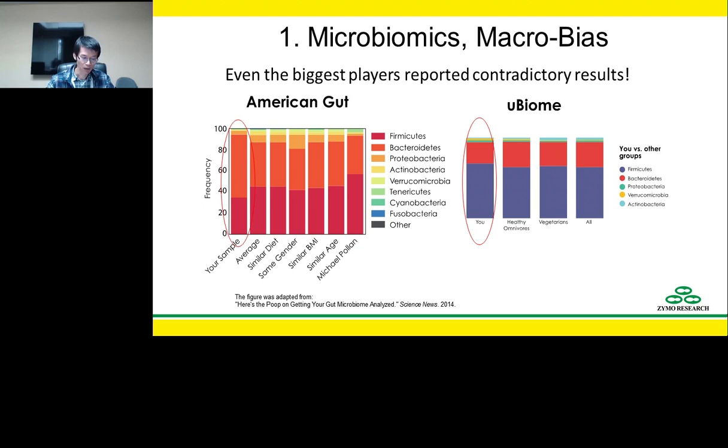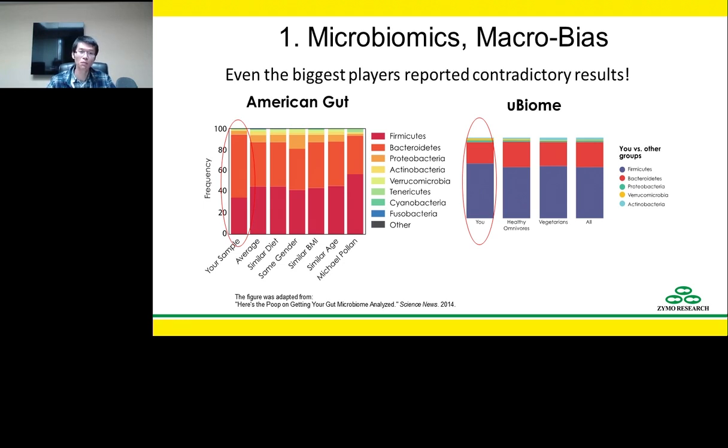Here I will give you an example to describe the problem. The first is a story published in Science News in 2014, in which the authors split one stool sample into two and submitted each of them to one of the two most well-known microbiome profiling organizations, American Gut and uBiome. But surprisingly, the microbiome profiles coming back from these two organizations were dramatically different.